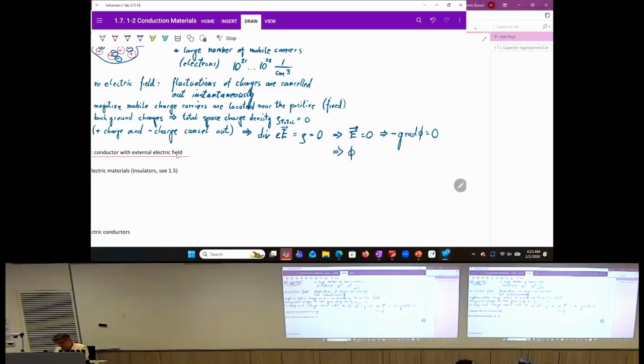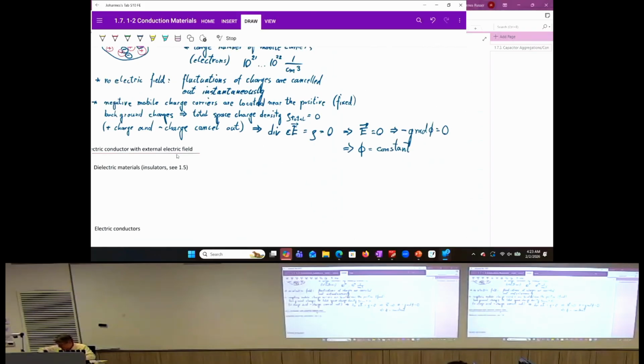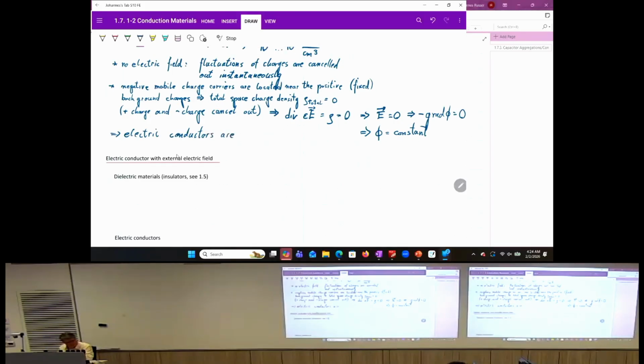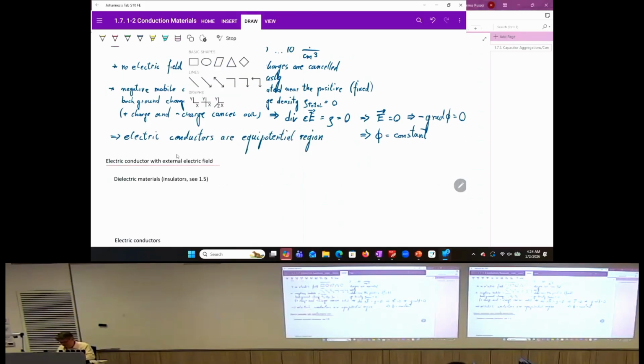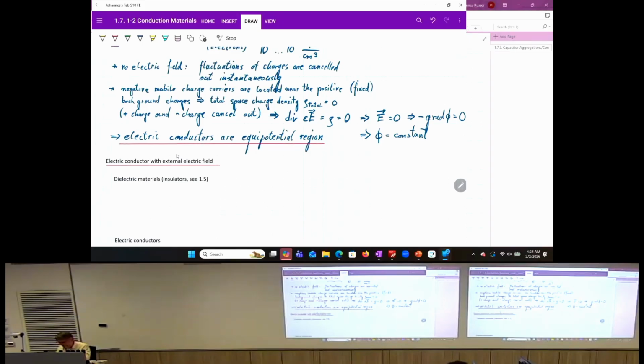So if you have a conductor, and I'm talking about an ideal conductor, you have no electric field inside there, and you have a constant potential. The electric conductor is an equipotential region.